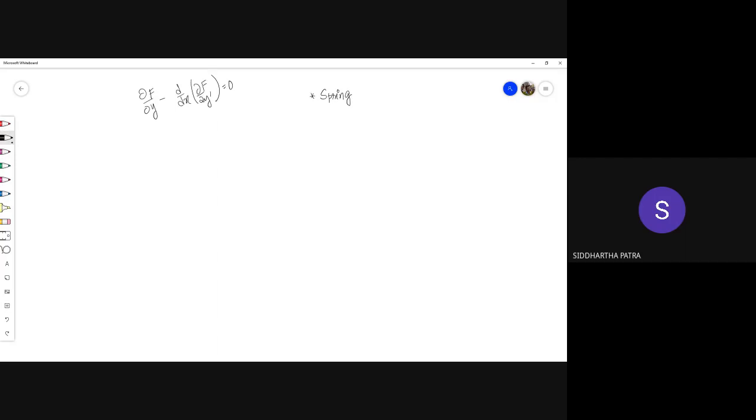Imagine this is the fixed end and this is the spring, and its spring constant is k, and you are applying a force F at the other end, the free end, and that causes an elongation of, let's say, u. So you all know the relation should be F equals k times u.